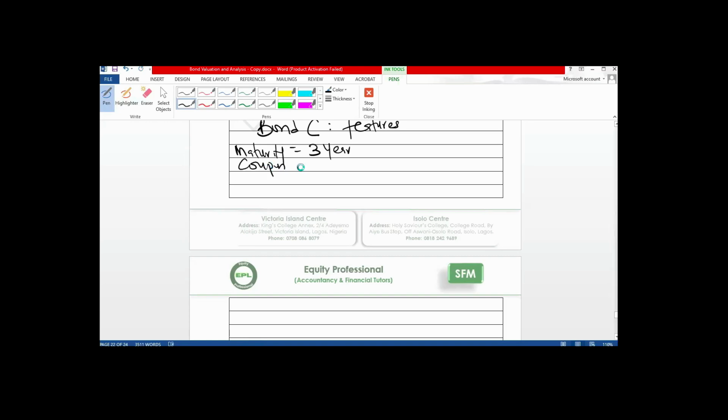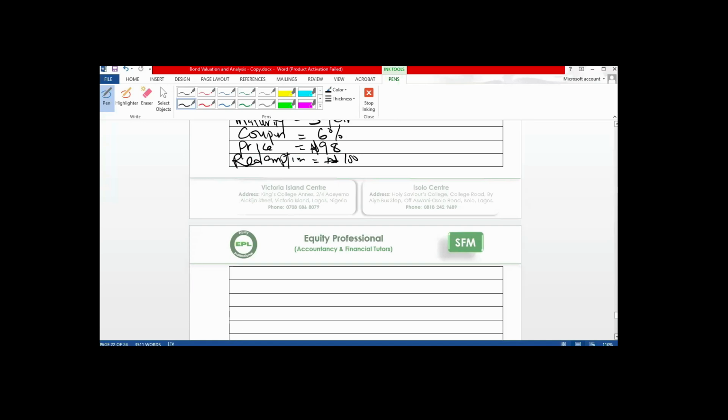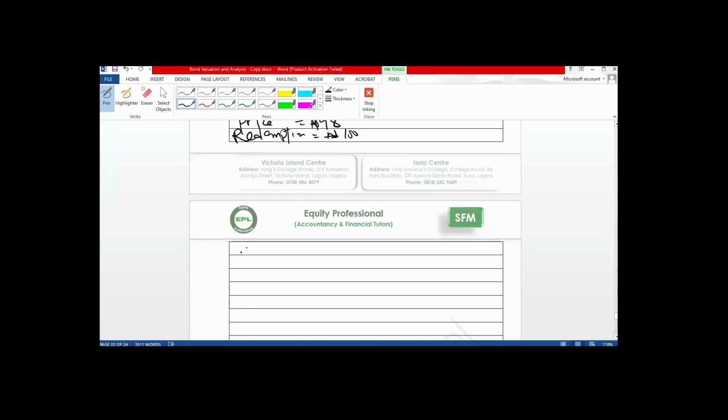What is the price of bond C? 98 naira. Redemption? 100 naira. Now get the expected cash flow from bond C.